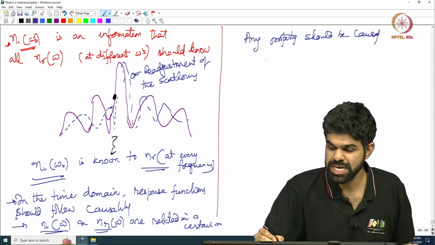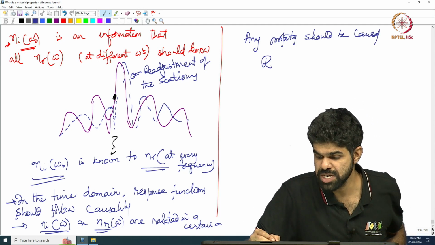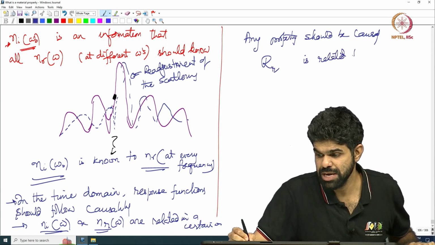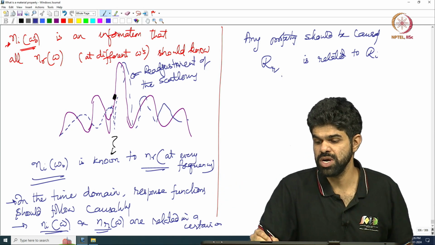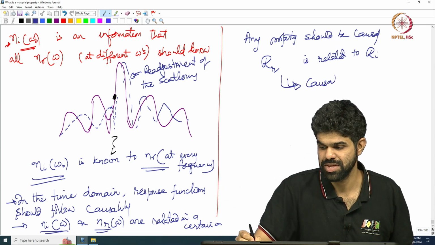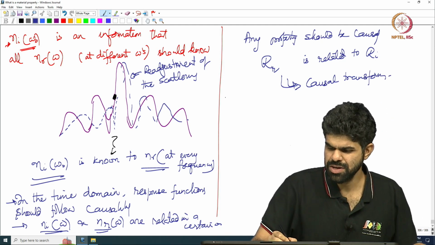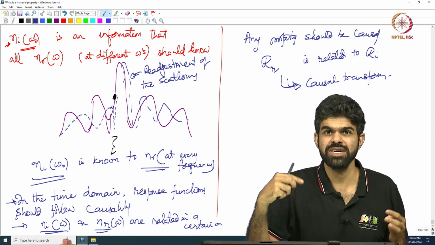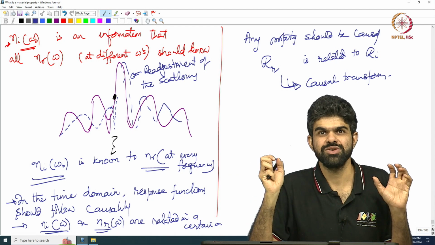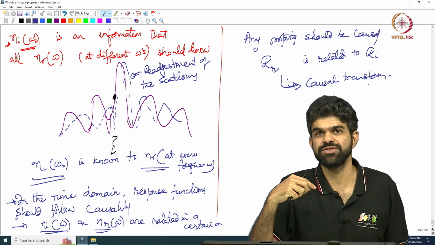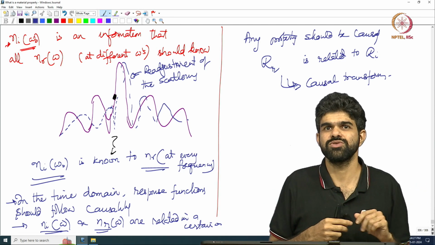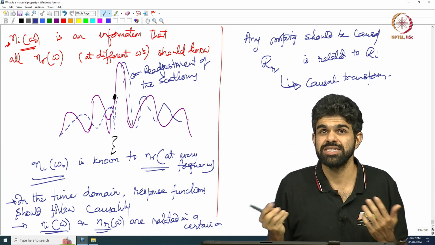which means the property R, a response function, the real part is related to the imaginary part through what is called a causal transform. Okay. I am not going to give you all the details about what causal transforms are, I am just going to write down the formula, just like I wrote down the formula for Fourier transforms and said that in this course you just accept the fact that these are Fourier transforms.